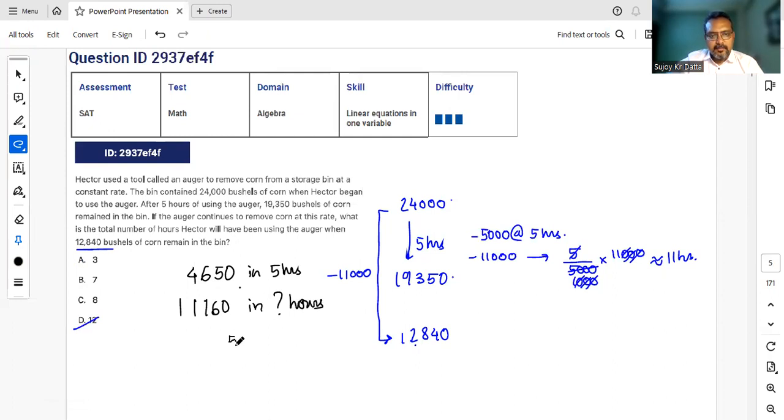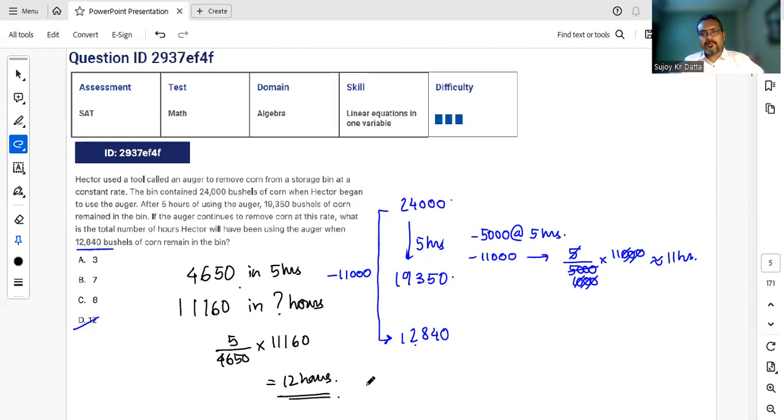So the answer would be 5 divided by 4,650 times 11,160. And if you were to use a calculator for this, even though factors would cancel out, just to make things a little faster, we would get exactly 12 hours.